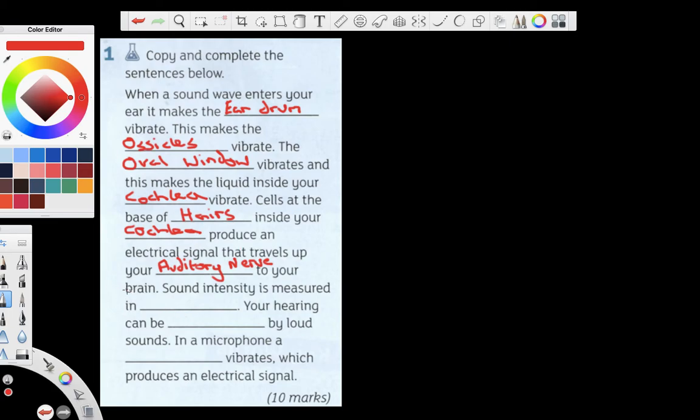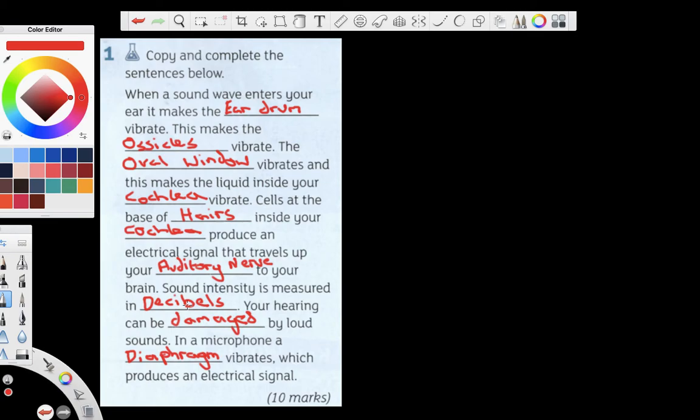Sound intensity is measured in decibels. Your hearing can be damaged by loud sounds. In a microphone, a diaphragm vibrates, which produces an electrical signal.